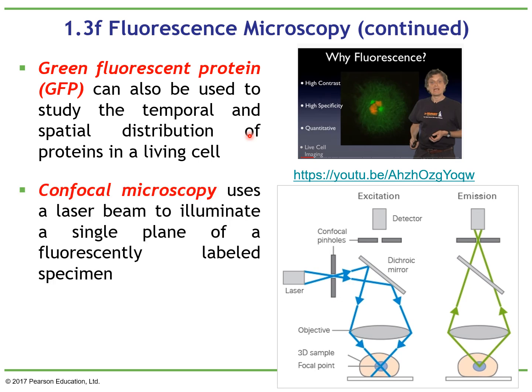Another thing that is important is that in confocal microscopy, remember, you are not illuminating the entire sample. You are using a laser to illuminate a single plane. And how do you do that? You use different pinholes, so not all the light is going there, it's just light for a single plane in the sample.